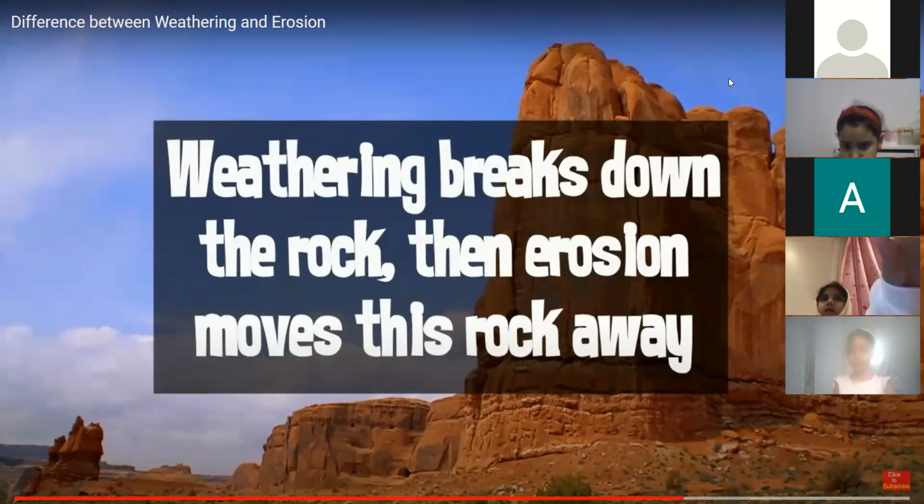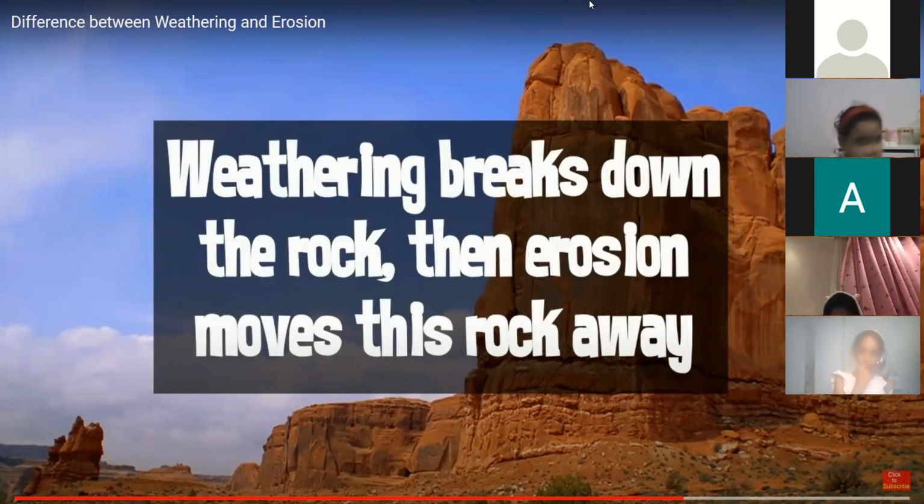With ice. Okay, what do we call the big sheet of ice? Moving ice. What do we call it? We call it a river ice.